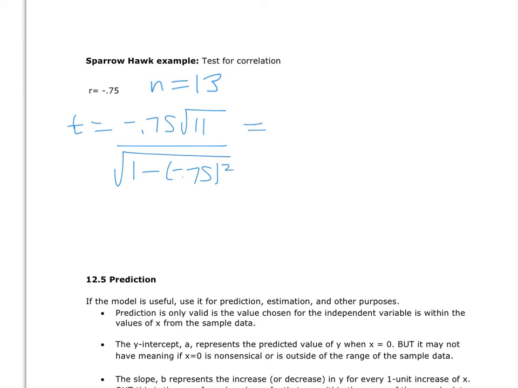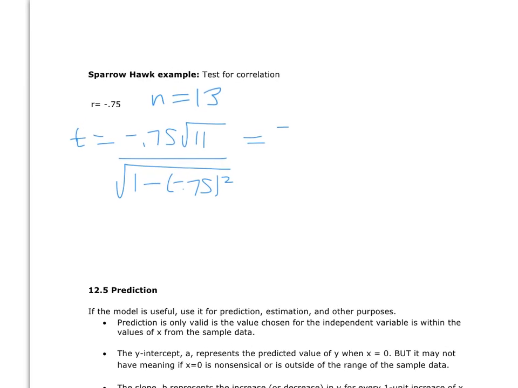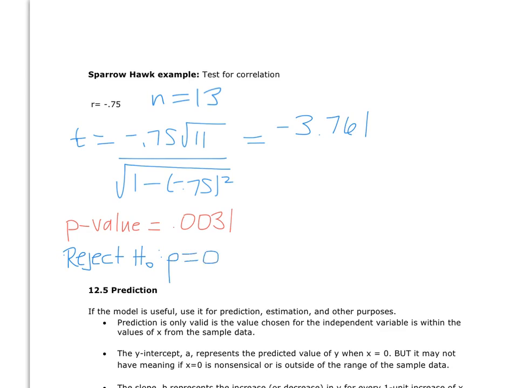That results in a t-value of negative 3.761. So looking at the p-value, you get a value of 0.0031. Conclusion: because that's less than any of the significance levels, we are going to reject the null, which is that rho is equal to 0.